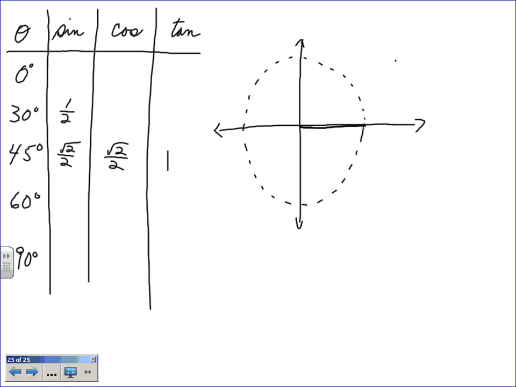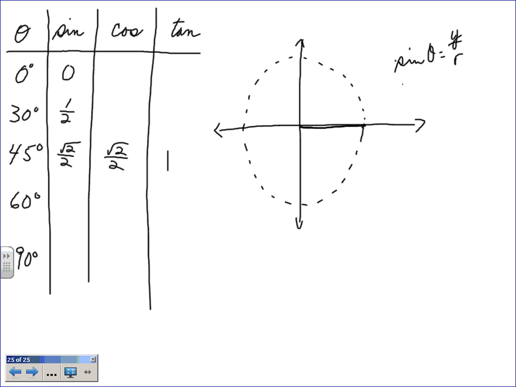And sine of theta is the y value over the radius. What is the y value? 0. So sine of 0 is 0.